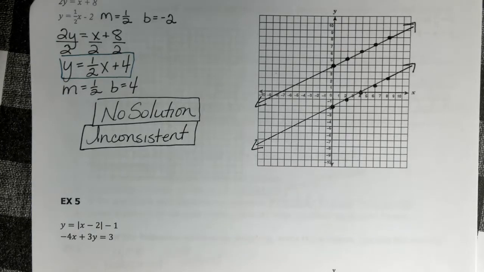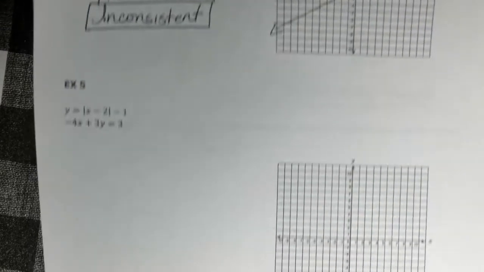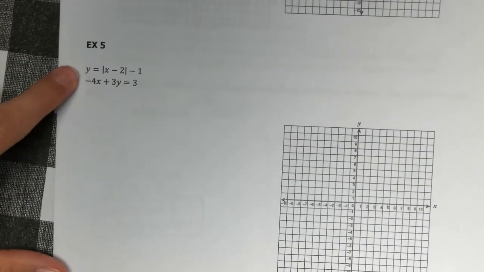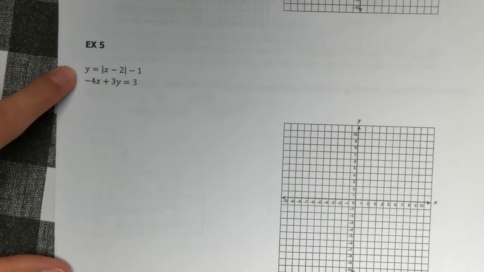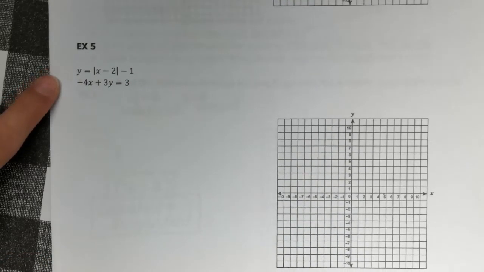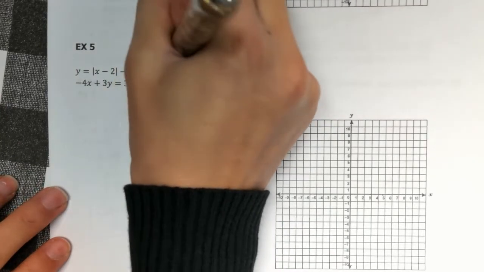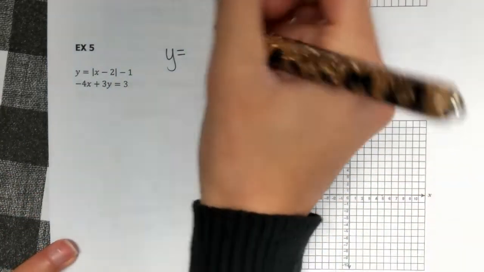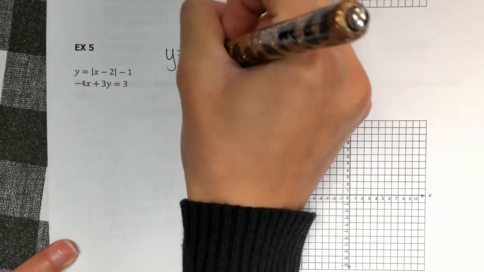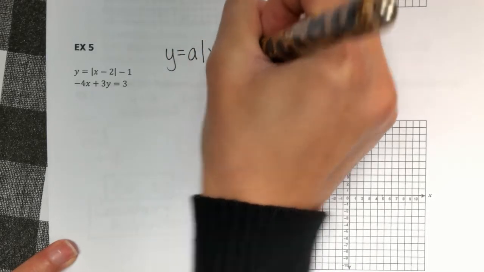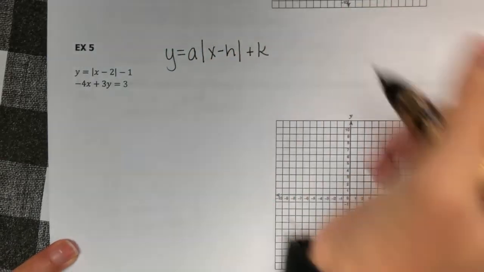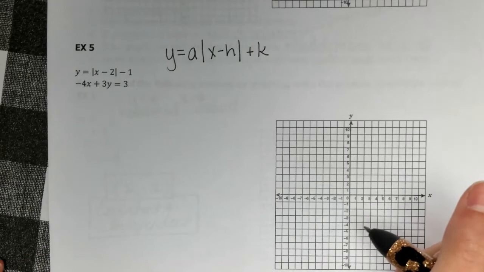Okay, so what we're going to do is we're going to look at this next one. I've got absolute value for that next equation, for my first equation of the next example. So remember that your absolute value vertex form is y equals a times the absolute value of x minus h, and then you tack on that plus k at the end.